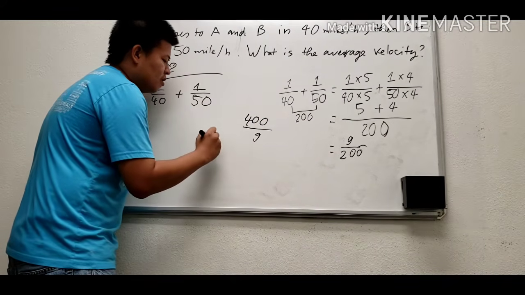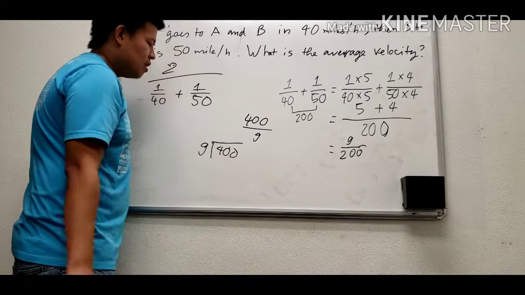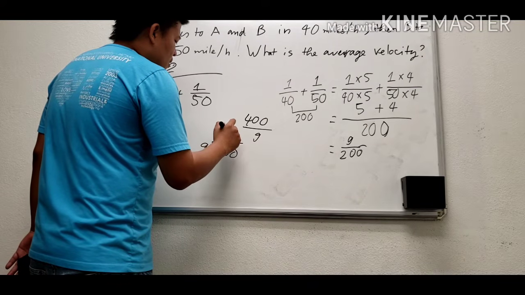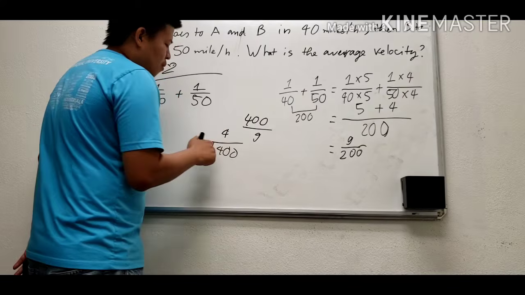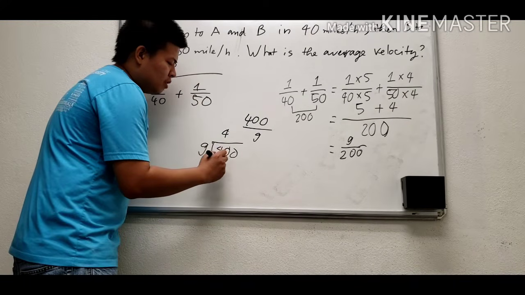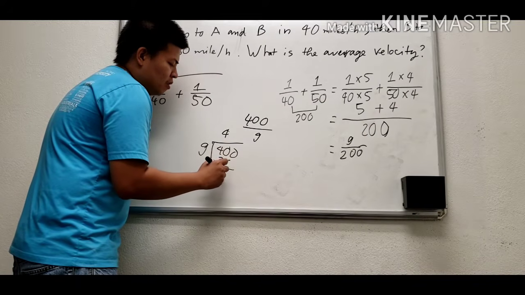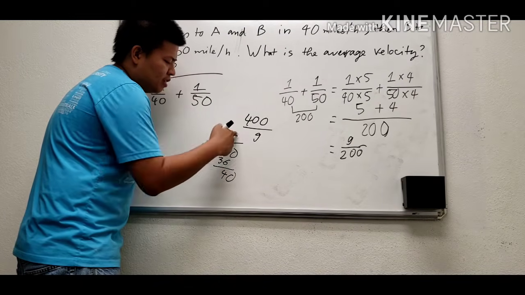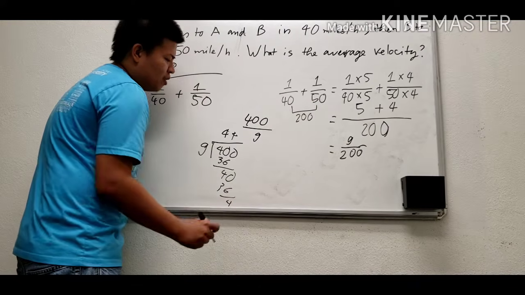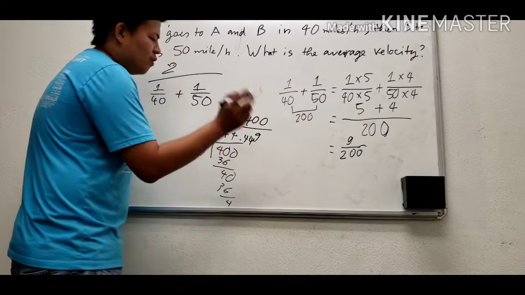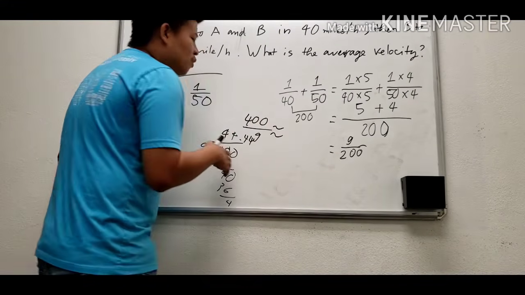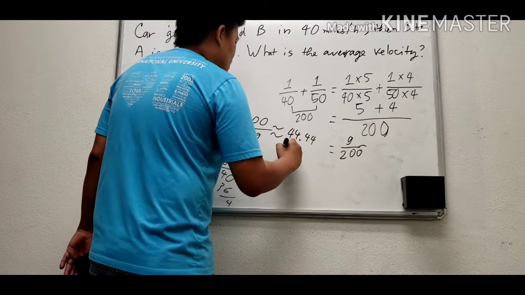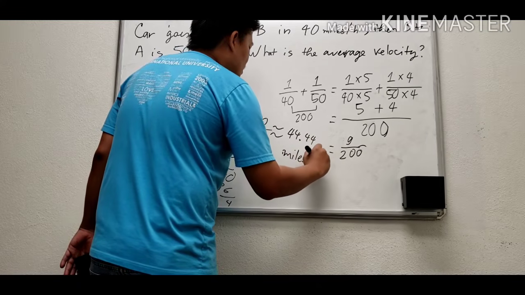So 400 divided by 9 gives us 44.44, and we can get that the average velocity is about 44.44 miles per hour.